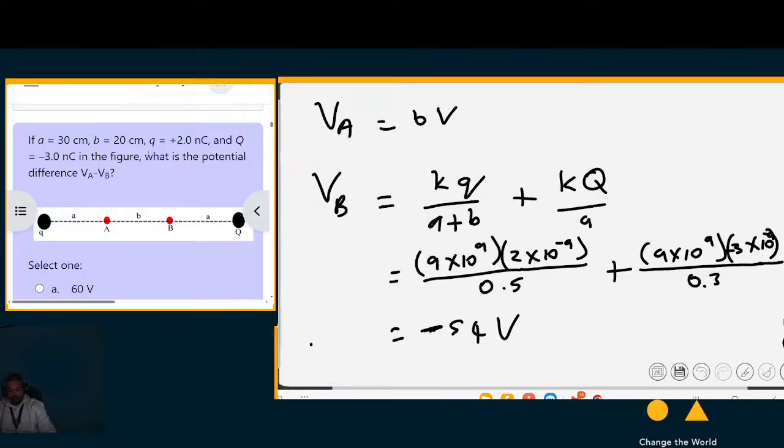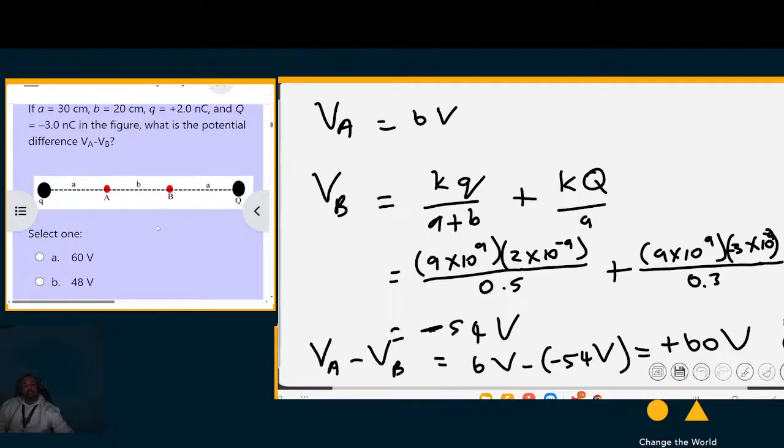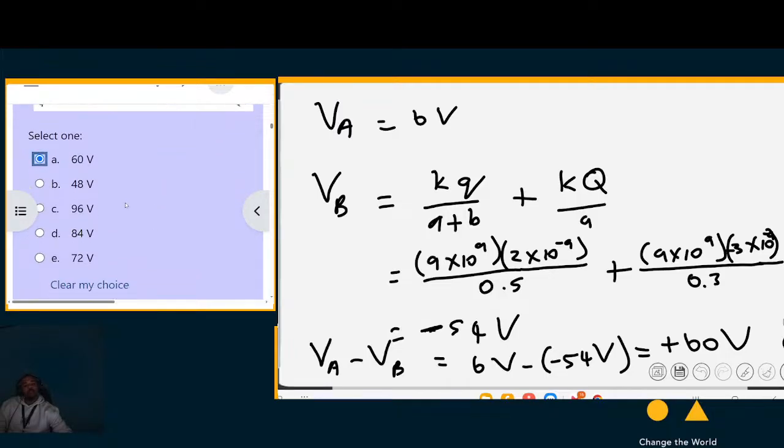Therefore, we want to calculate VA minus VB. The potential difference is 6 volts minus negative 54 volts, which is positive 60 volts. So the answer is positive 60 volts.